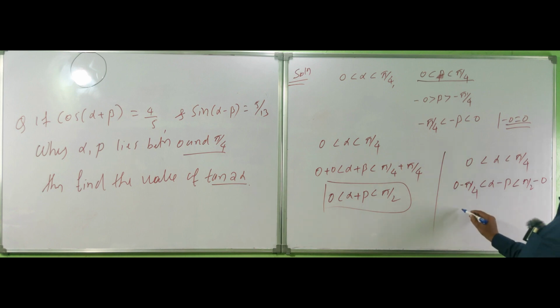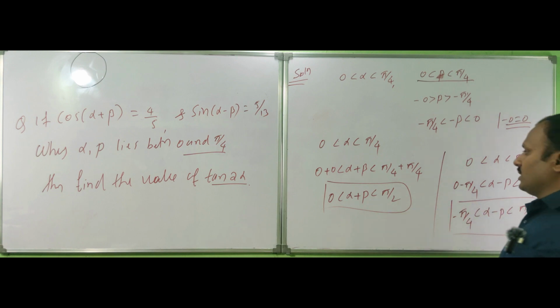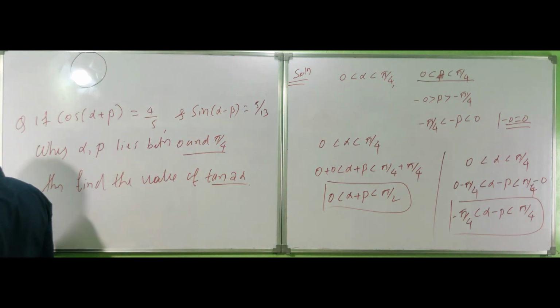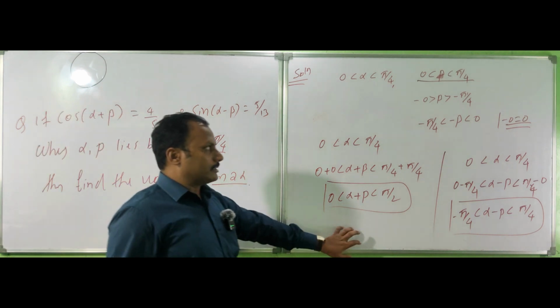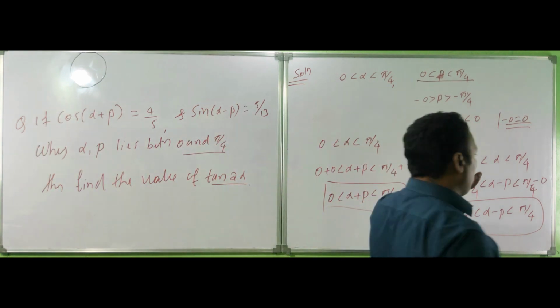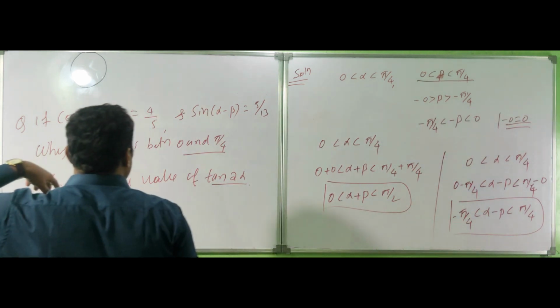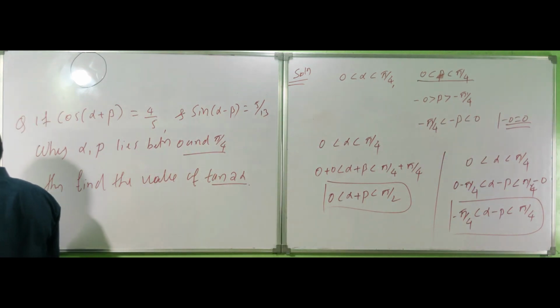This gives minus pi by 4 less than alpha minus beta less than pi by 4. If you understand this, you can solve the question. Take it down in your books. This understanding is very important. Next, what they ask us to find is the value of tan 2 alpha.